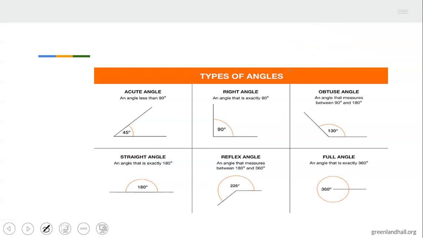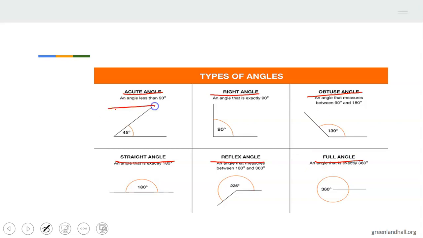Now, these are the types of angles that we have. The summary of what we have talked about so far: we have acute angle, right angle, obtuse angle, straight angle, reflex angle, and full angle.